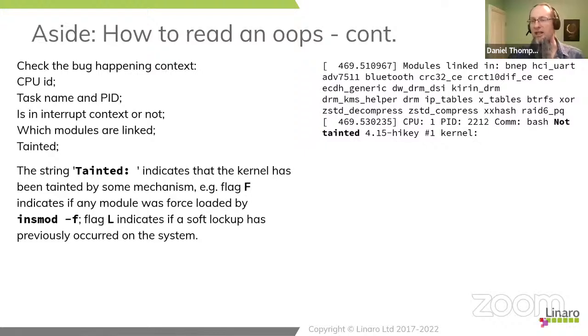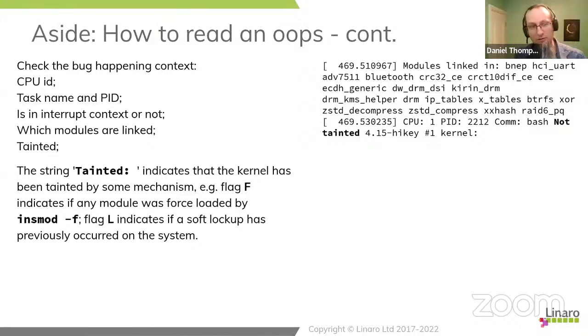There is going to be a "not tainted" coming up at some point. Not tainted is not very interesting, but if it is tainted, it does become interesting. A lot of people think of taints as the thing that tells you if you've loaded a non-GPL module, but there is more to it than that. There are flags that are sticky when certain of the debug things have triggered.